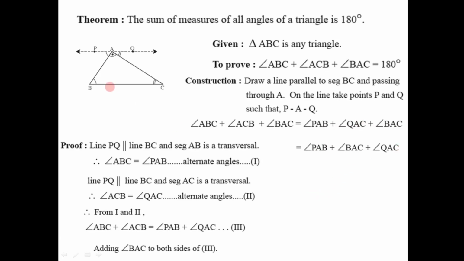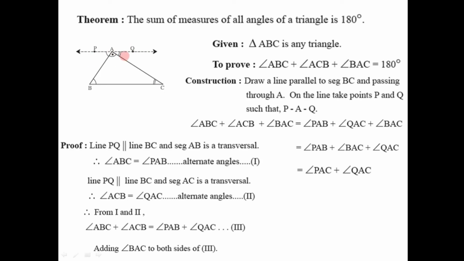Now if we see in the diagram, angle PAB and angle BAC are two smaller angles; if we add them, we get angle PAC. So instead of angle PAB plus angle BAC, we can write angle PAC plus the third angle QAC as it is.